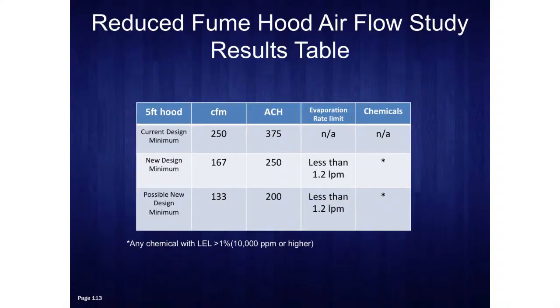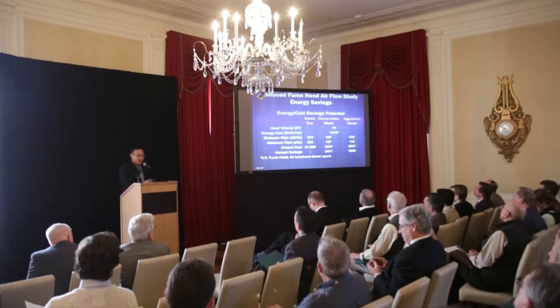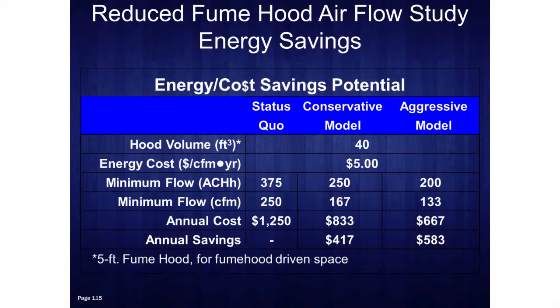These are just results from the study, and for a 5-foot hood, you can see we could make reductions of about 33%. Same thing for a 6-foot hood. Making these reductions, based on $5 per CFM per year cost for a 5-foot hood, these are some of the savings that we hope to realize from our fume hood driven labs.